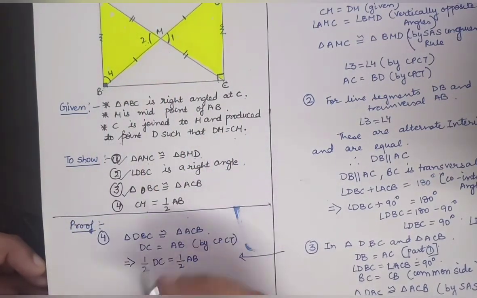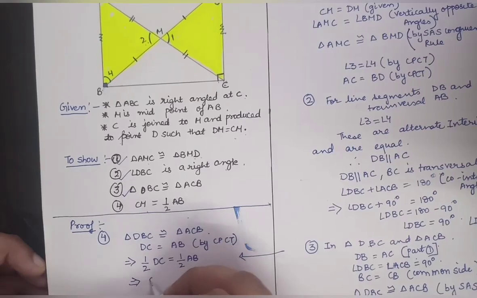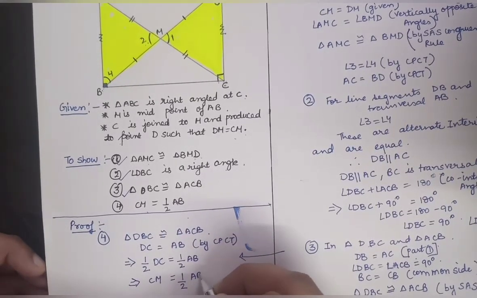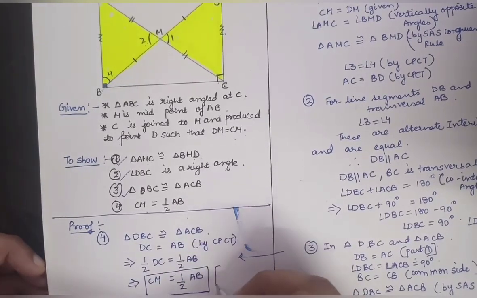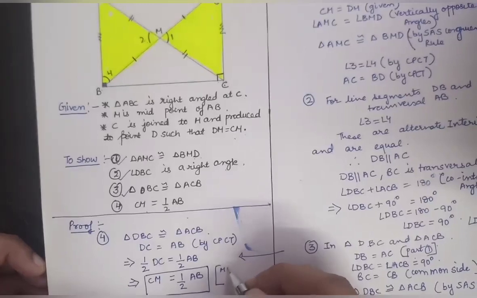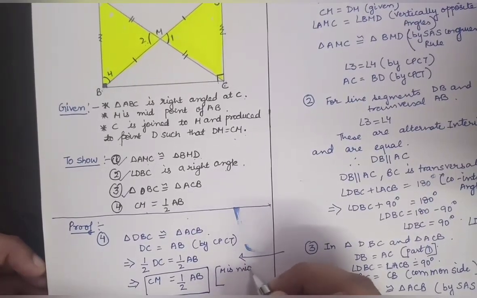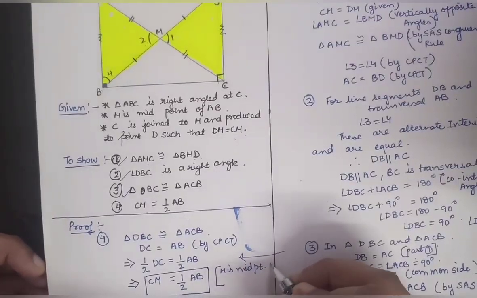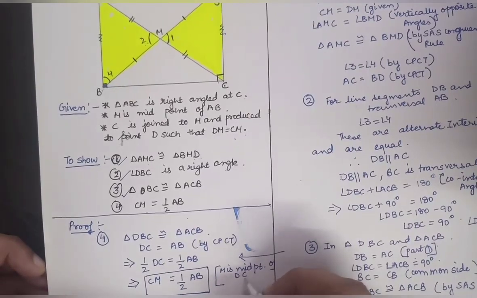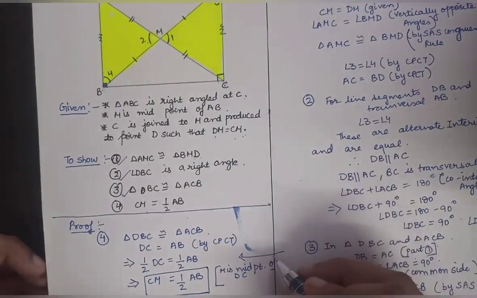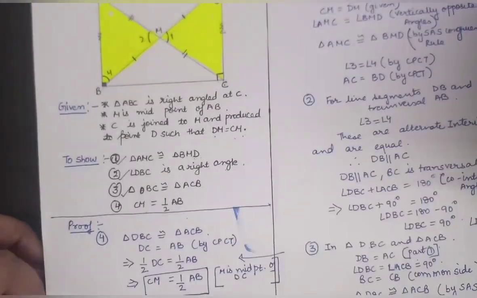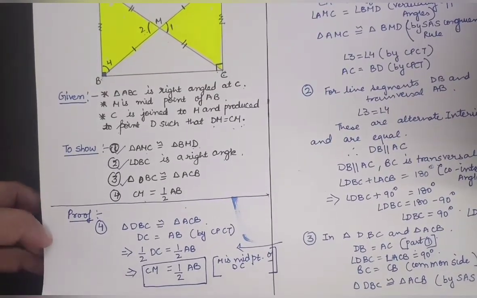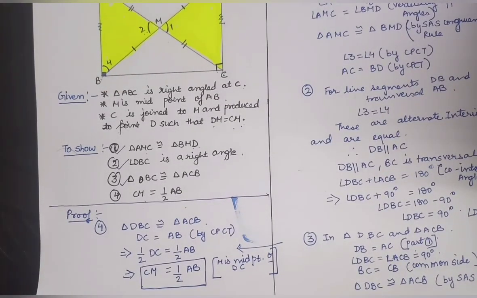So instead of half DC, I can clearly write CM, and then that proves our fourth part, that CM is equal to half AB. Why I have written so? Because I know M is the midpoint of DC, because it is given that DM is equal to CM. It means that it is the midpoint, and we can talk about it being the half of side DC.